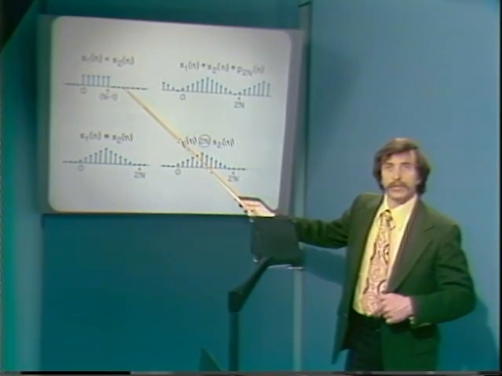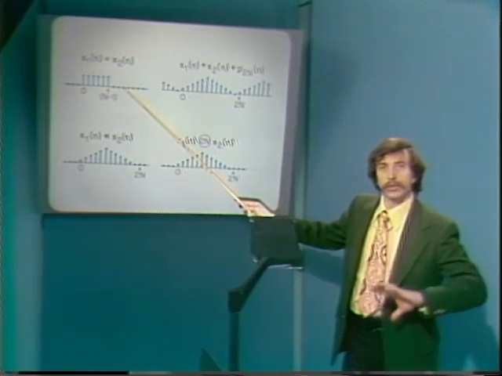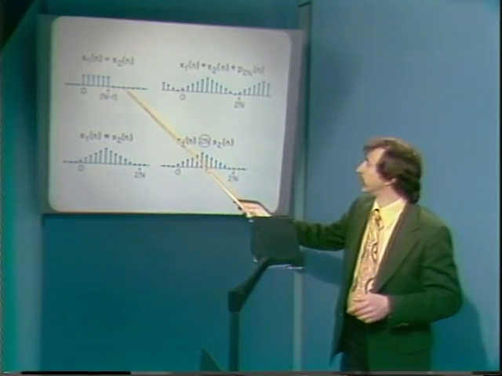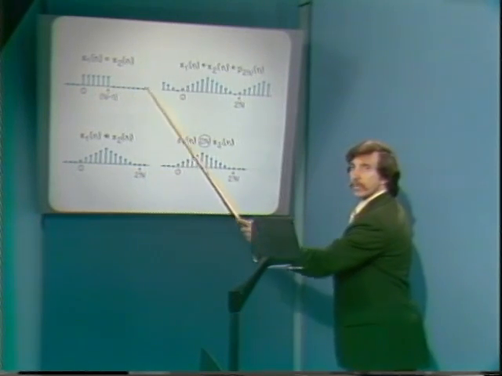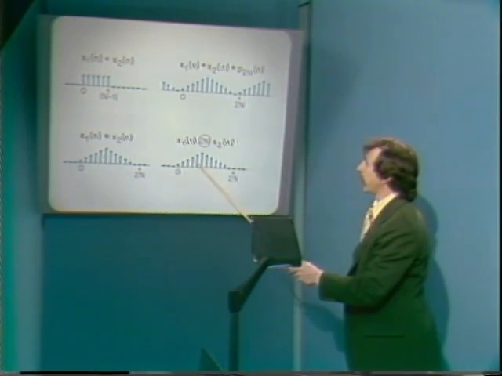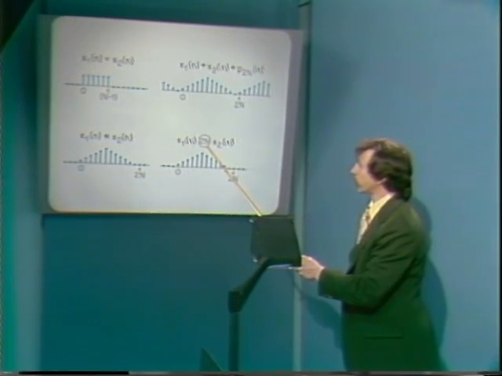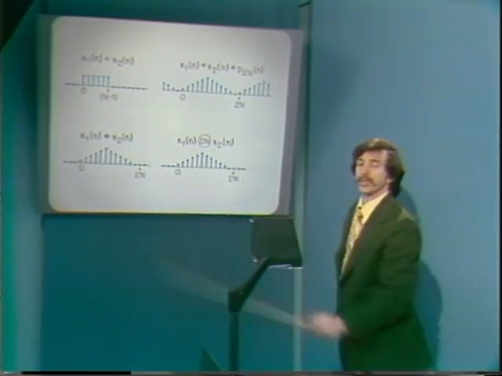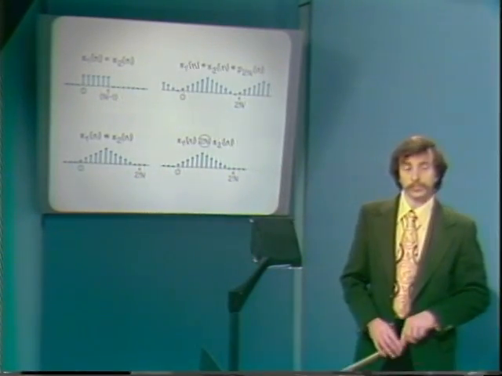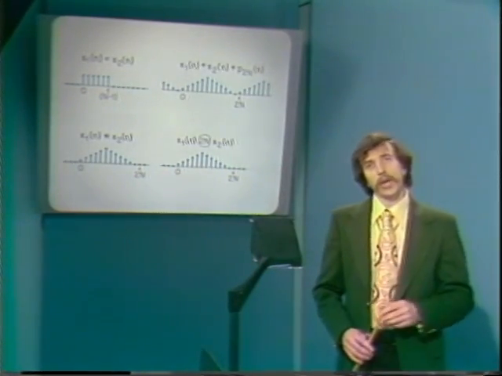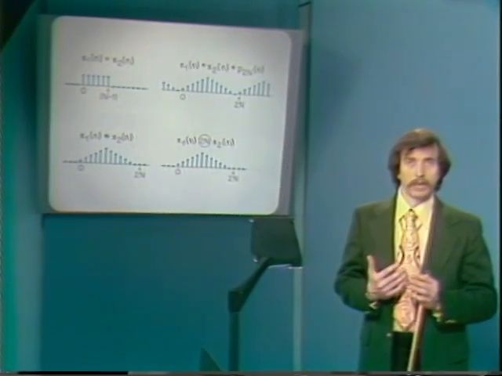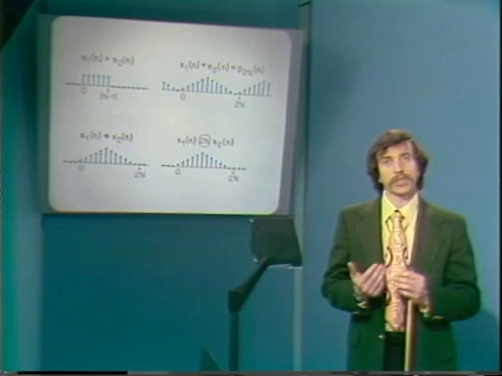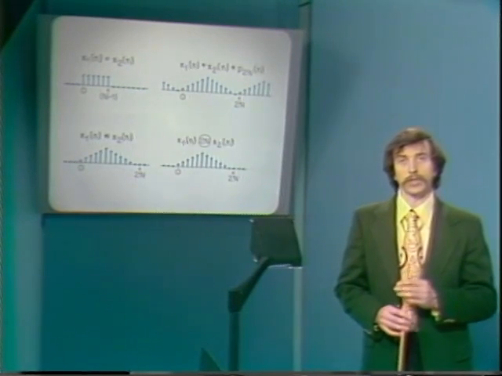multiplied that DFT together with itself, and then computed the inverse DFT, what we would get, in fact, because of the fact that we pad it out with zeros, is a 2N-point circular convolution, which would correspond to the linear convolution. So this is the way, then, that we can modify a circular convolution so that it implements for us a linear convolution.